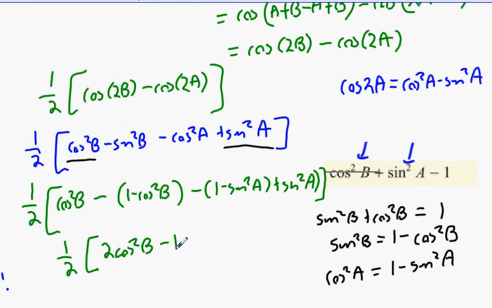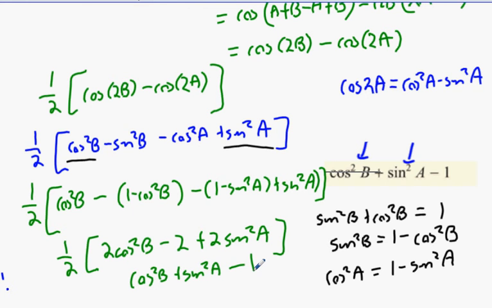And then this one, another minus 1. What's minus 1 minus 1? And then plus sin squared a plus another sin squared a. Half of everything, and what do you get? Cos squared b plus sin squared a. So it's all about comparing to your answer. Which one am I allowed, which one am I not allowed, how can I change it? That's how you do it.